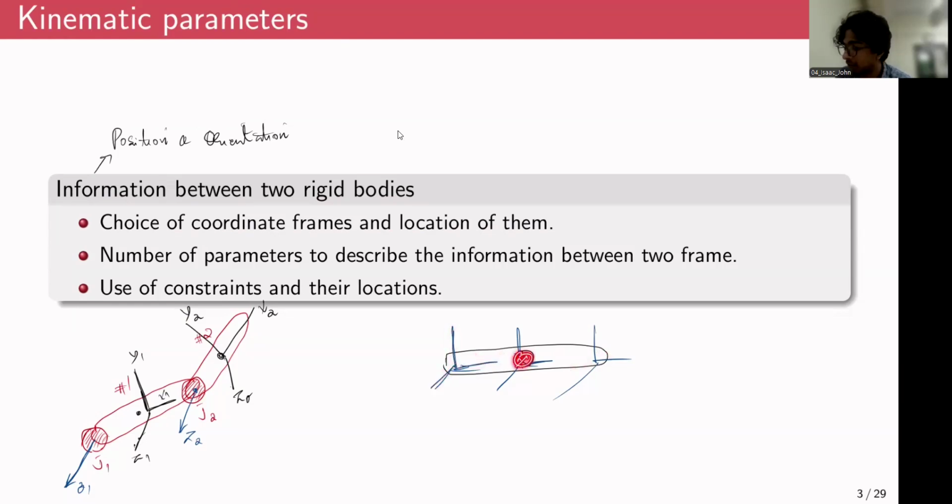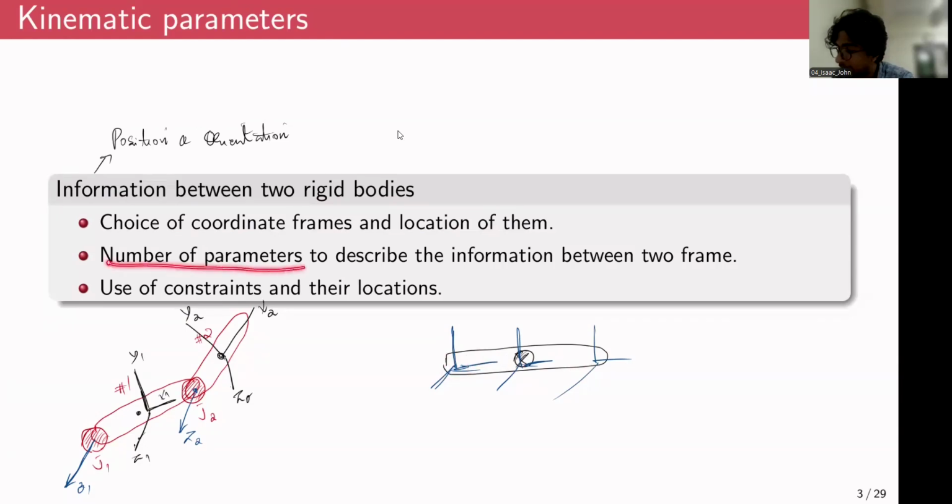So for example, if a center of mass is 5 units along this axis, and you know the information about this frame, you can essentially say the center of mass is 5 units along this axis. So essentially, you are representing a rigid body using frames of reference.